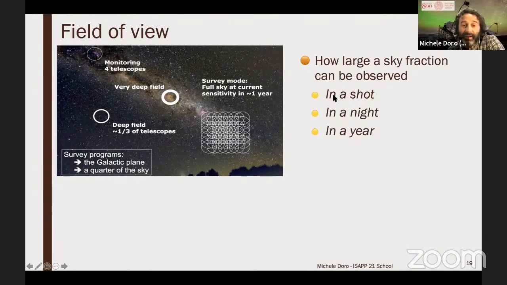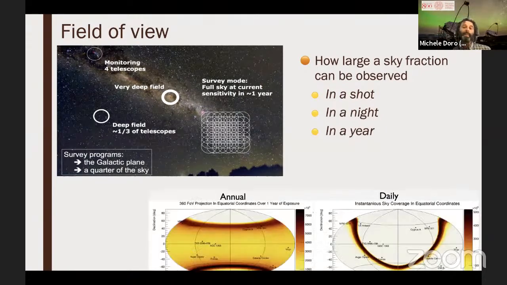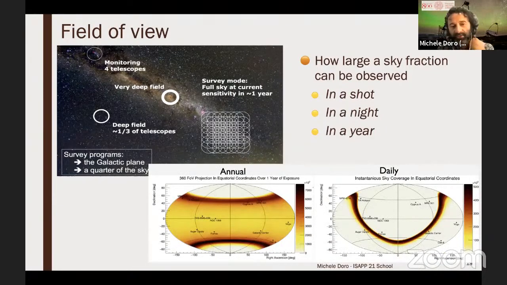And then you can understand, depending on where the instrument is, on a satellite or on the ground, that you can observe a different fraction of the sky in one shot, so in one observation, or during the night or a year. If you are in the northern hemisphere, you will never see the southern sky, okay? So it's important to be able to judge figures of merit like the annual coverage.